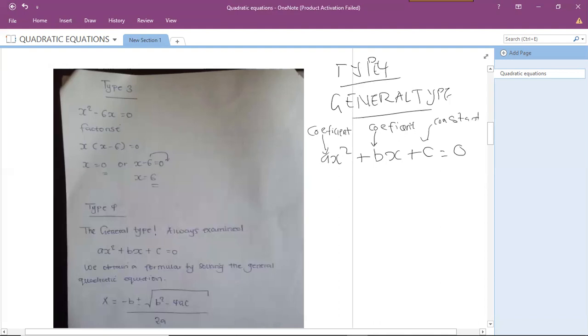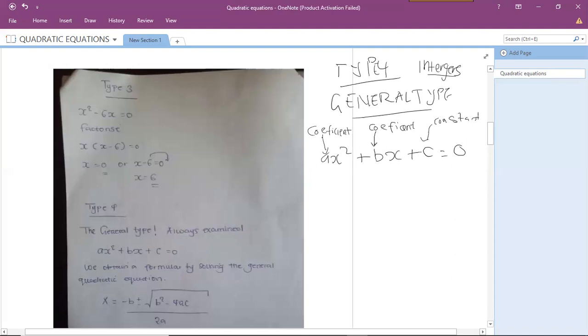These coefficients are integers. And remember what I said about integers: they are just numbers on a number line going from 0, -1, -2, to infinity, or 0, +1, +2, etc. to infinity. So a can be any integer. A can be -1, -2, -3. A and b can be any type of integer.